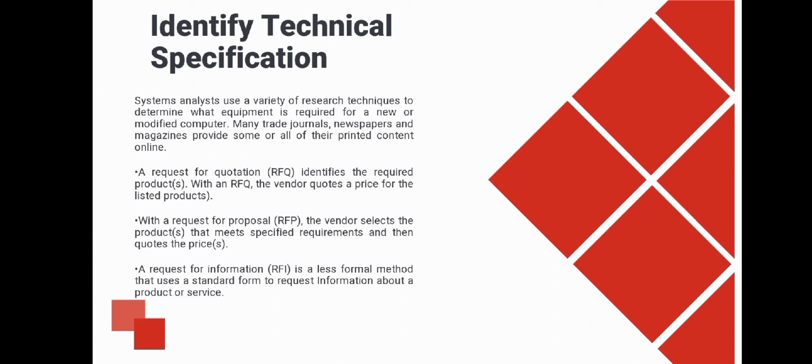With an RFQ, the vendor quotes a price for the listed products. With a request for proposal, the vendor selects the products that meet specified requirements and then quotes the price. A request for information is a less formal method that uses a standard form to request information about a product or service.